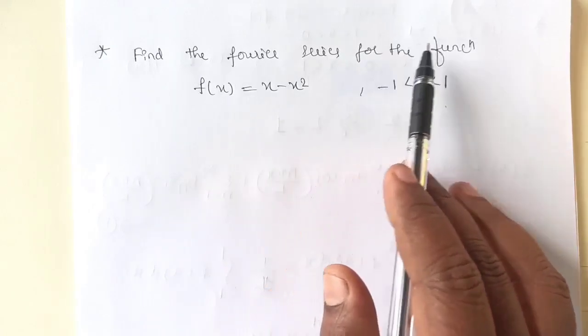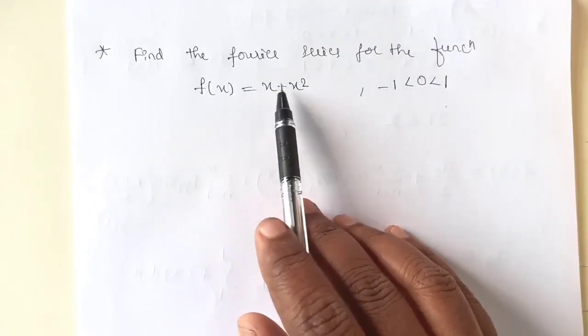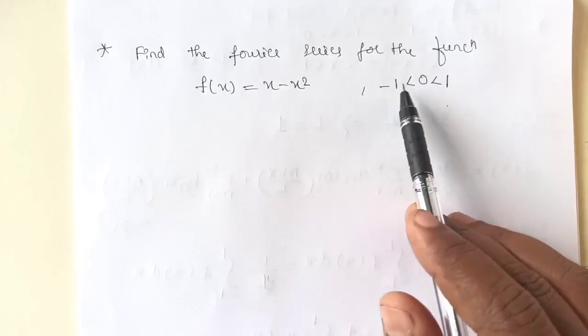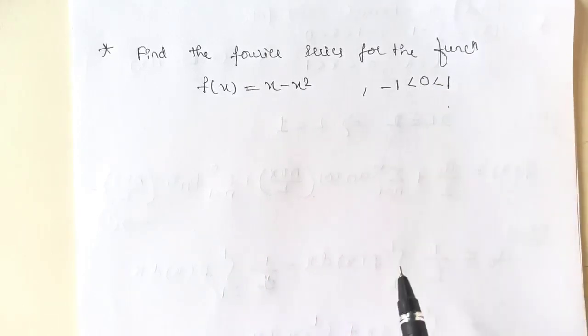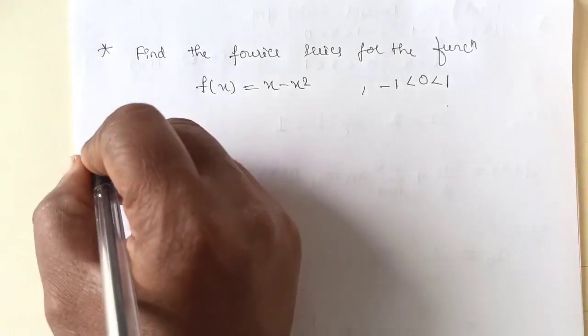Find the Fourier series for the function f of x equals x minus x square, where minus 1 is less than x, which is less than 1. Solution.